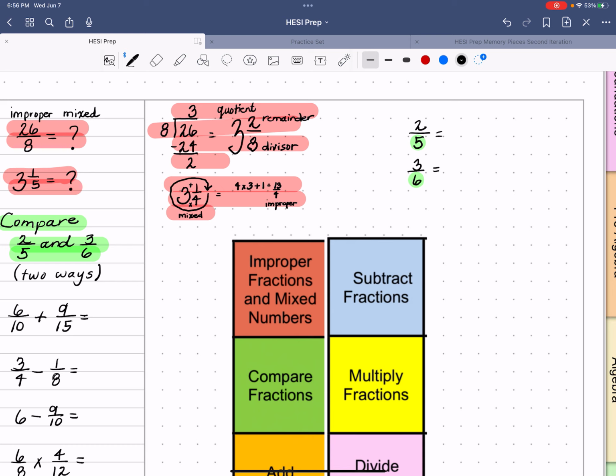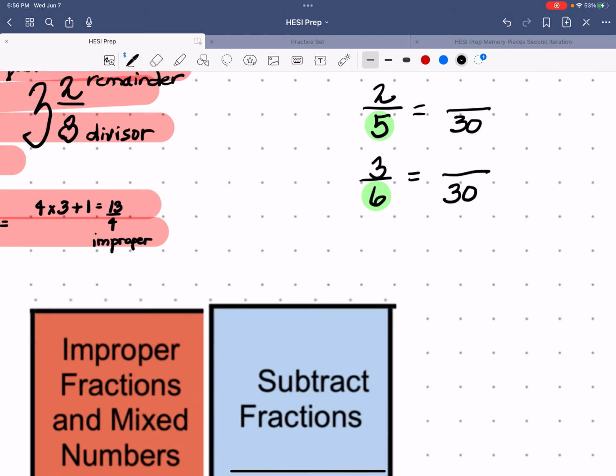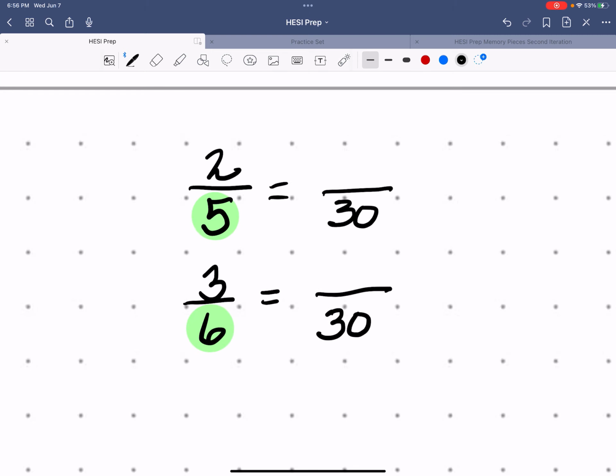So I'm just going to say 5 times 6 is 30. And then we're going to build these up to that common denominator. So 5 divides into 30 6 times, or let's do it this way. 5 times 6 is 30. So 2 times that same 6 is 12. 6 times 5 is 30.